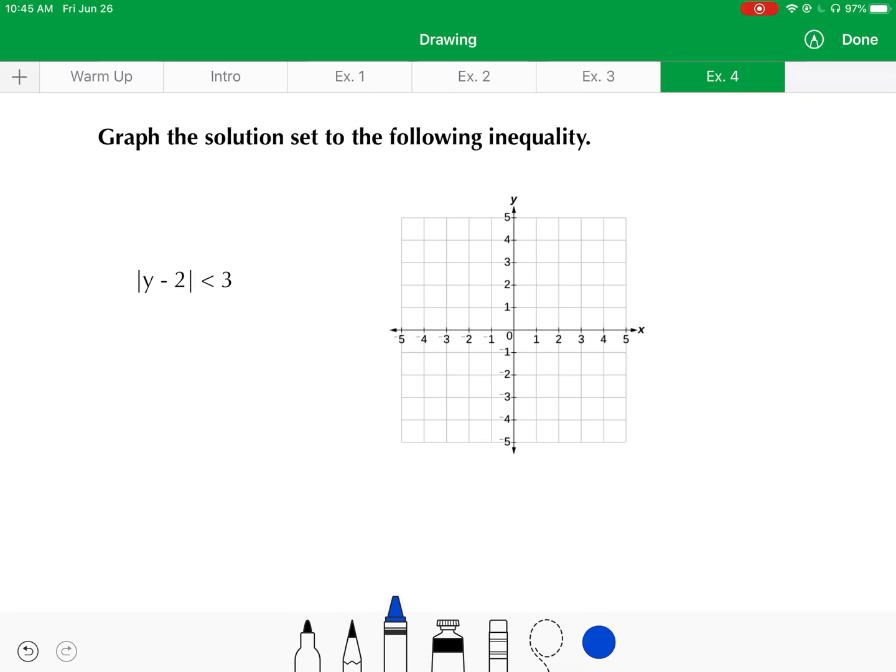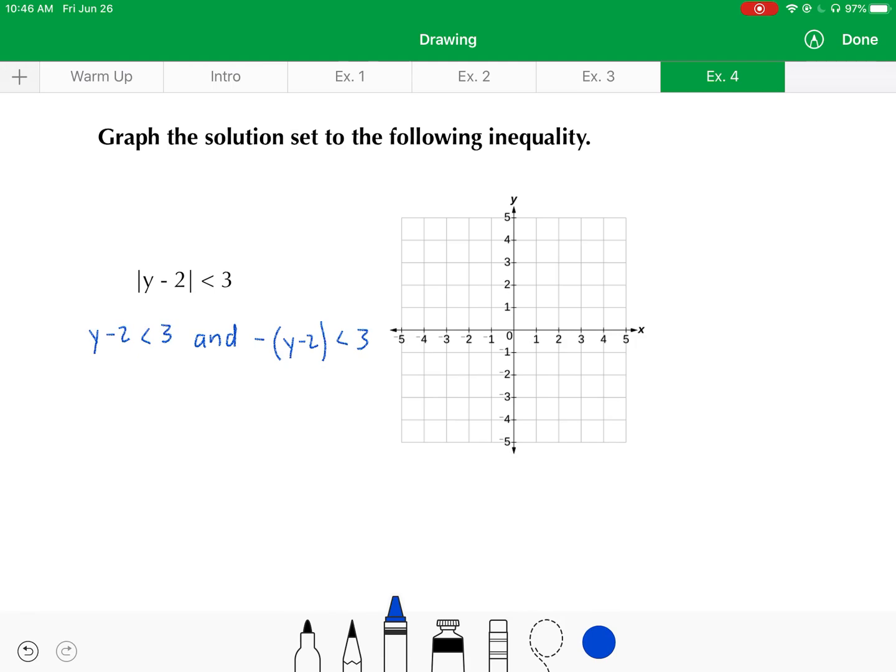And we have to recall that an absolute value inequality in one variable is actually a compound inequality, okay? So recall, this can be broken up into an and compound inequality. You can make this y minus 2 is less than 3 for your first case, and the negative of y minus 2 is also less than 3.